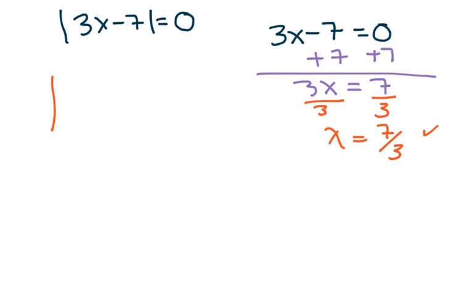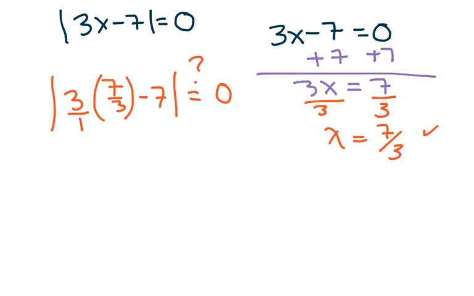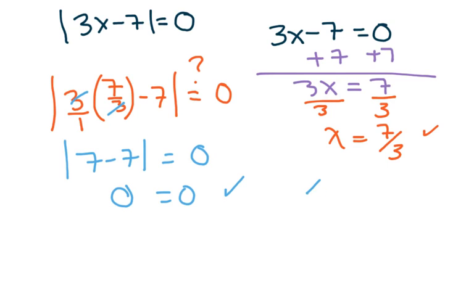So I'm going to plug in my x. Is this true? I can write 3 in fraction form. The 3's would cancel out here. So we're going to get the absolute value of 7 minus 7. Does that equal 0? Yes, 0 equals 0, so it checks. And our solution set is 7/3.